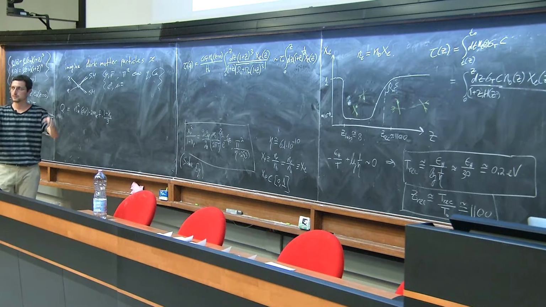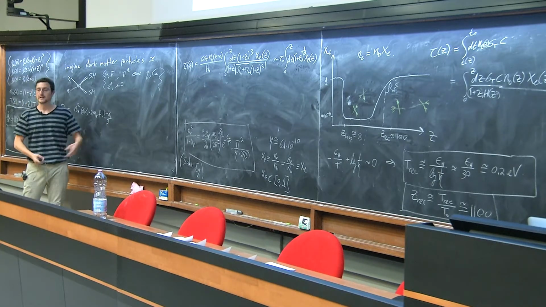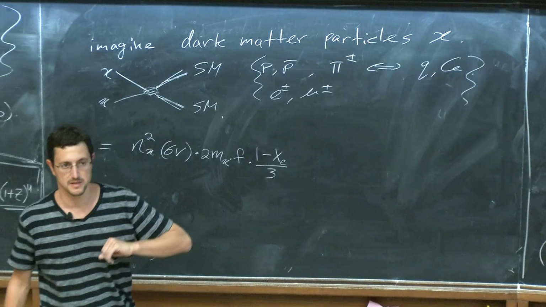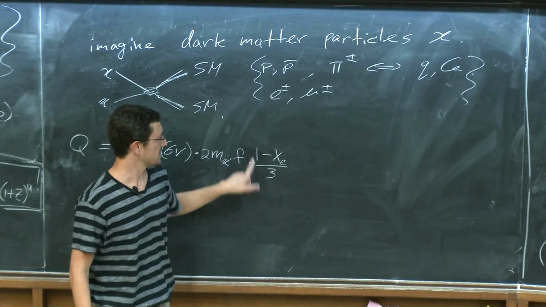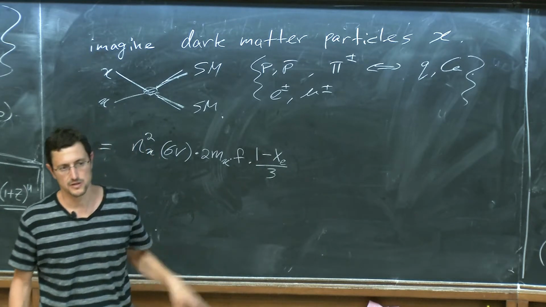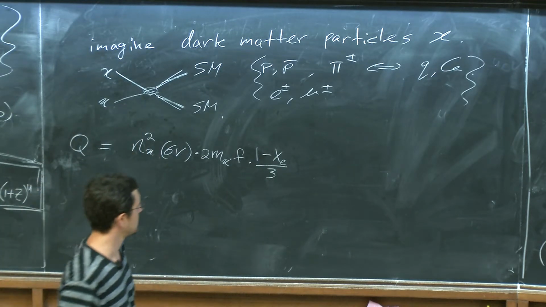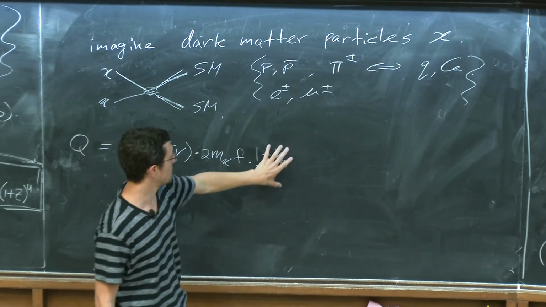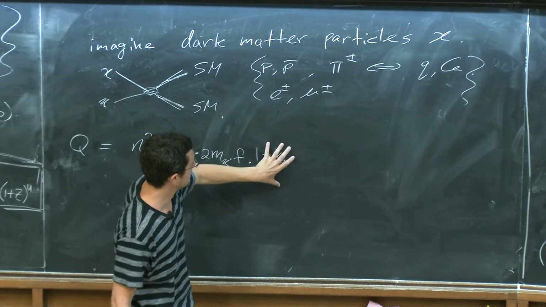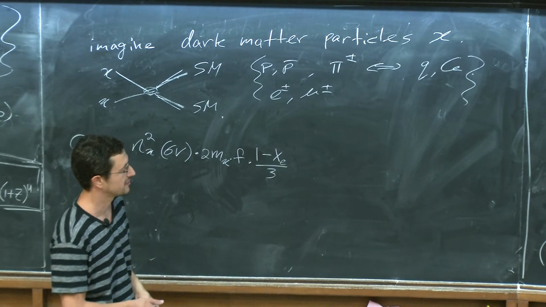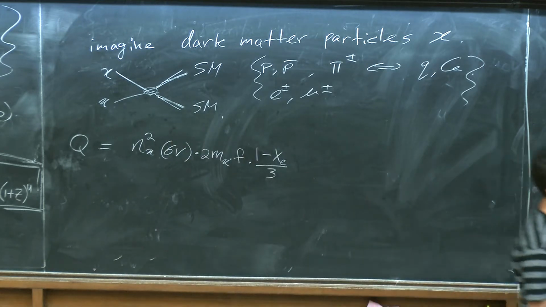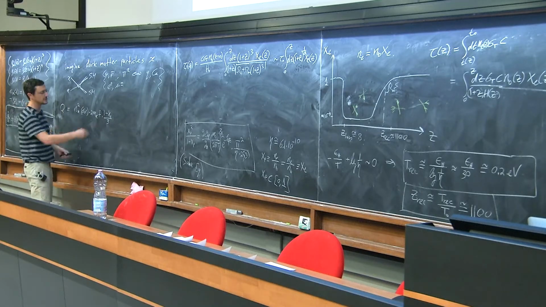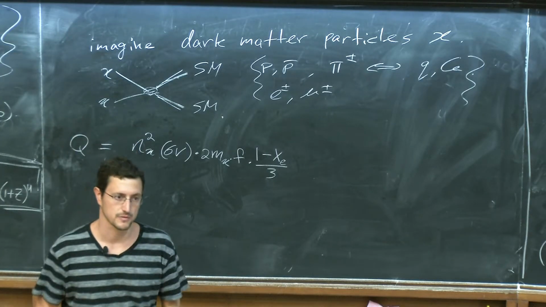The rest of this energy can do whatever it wants. In particular, it can heat the plasma or lead to atomic excitations, etc. But roughly, this fraction will go to ionize the plasma. The precise form of this efficiency factor can, in principle, be computed for a standard model plasma given the initial state. But this is a rough approximation that's good enough for us. It won't be exactly this, but it's good enough. When this x_e is much, much smaller than 1, this approximation suggests that about a third of the total absorbed energy actually ionizes hydrogen. Okay?